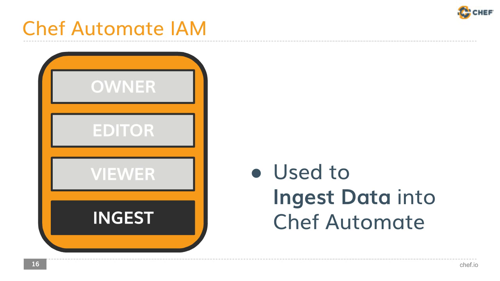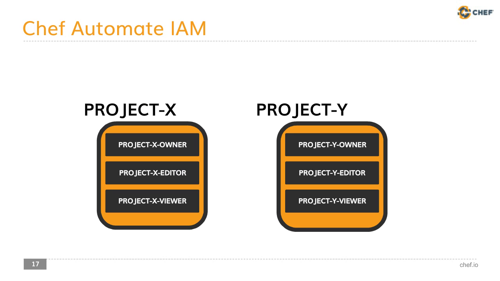And what else is new in IAM v2 is the concept of projects. So we talked a bit about how Chef Automate lets you filter and customize how you're looking at subsets of your environments. It now has the ability for you to create projects that use those definitions in a repeatable fashion.